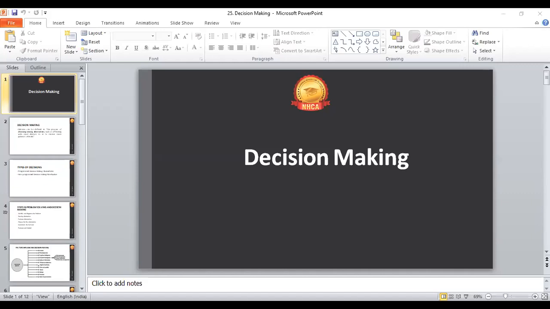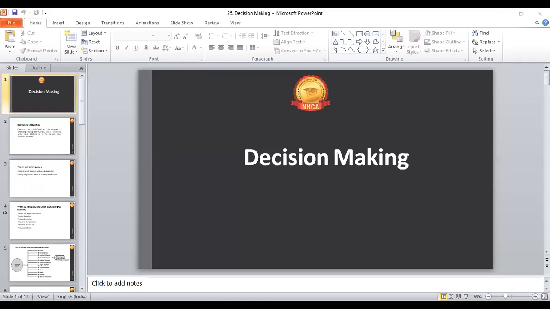Types of decision making. Is the slide visible now?